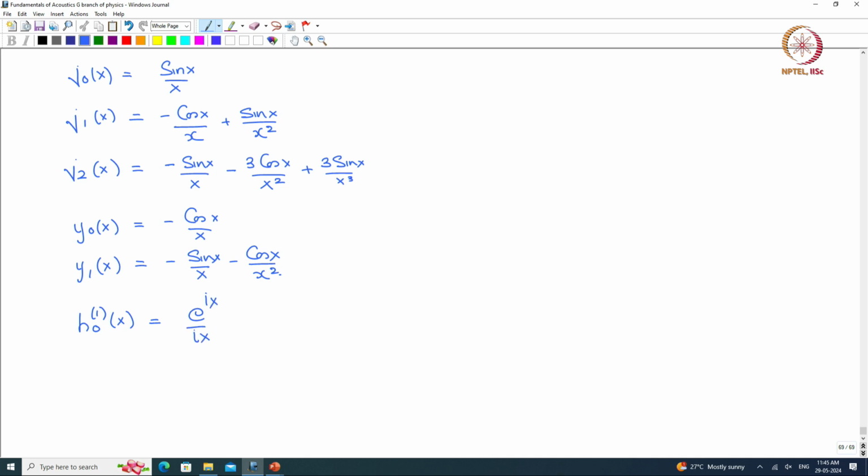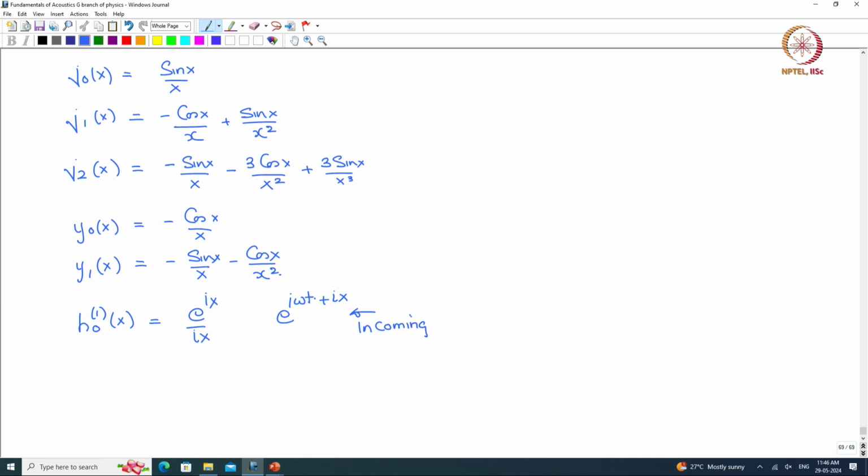So if I take the time dependence as e to the power i omega t, then this is e to the power i omega t plus ix. So, this will be an incoming wave.